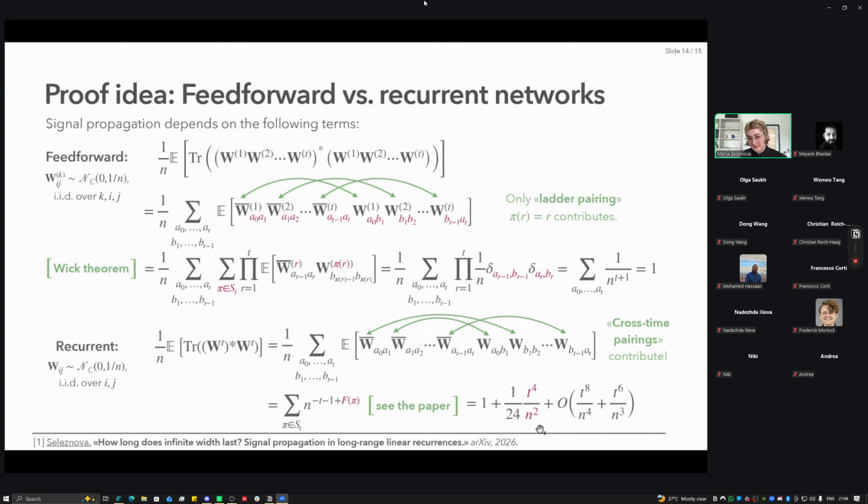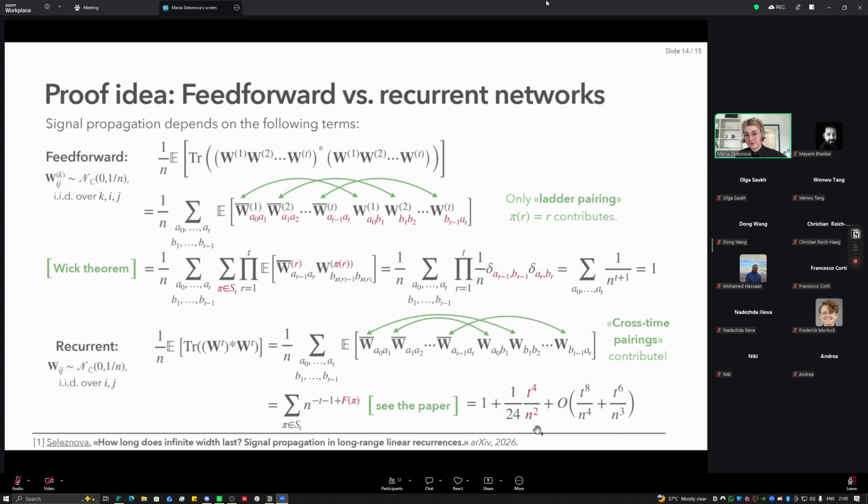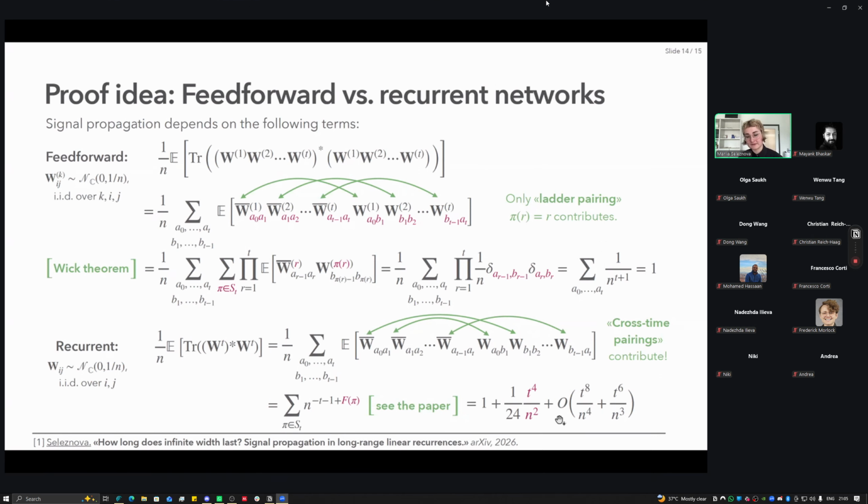But the interesting conclusion maybe is that we have the first order 1 contribution from the ladder pairing, but the second non-trivial contribution in the recurrent case has this form, proportional to t^4 divided by n^2. So you see that this term doesn't vanish anymore when we have our sequence length t growing as the square root of the width n, right? And maybe this term can also be interesting from the point of view that the first correction is not of order 1/n, but of the order of 1/n^2 right away.